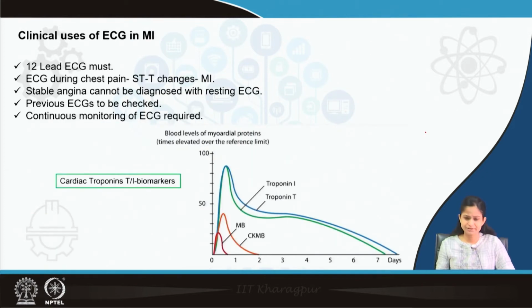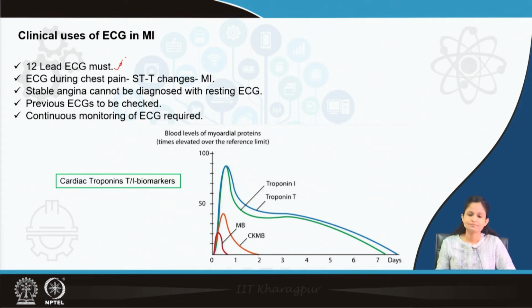Now, the clinical use of ECG in MI: we have to see the 12-lead ECG. We can't see only the chest leads or only the limb leads, because as I told you, a lead behaves like a camera, seeing your heart from various directions. So 12 cameras are placed, and they see various portions of the heart.